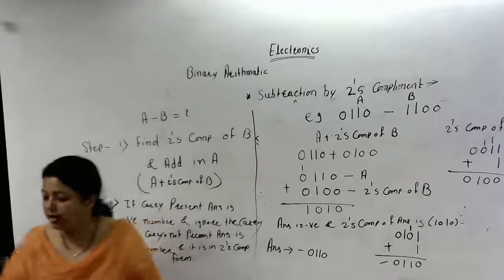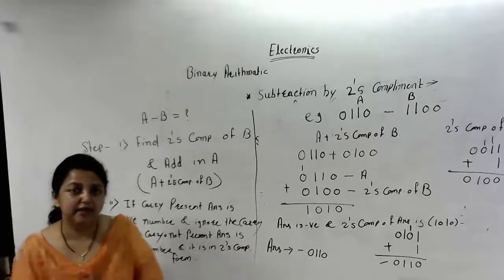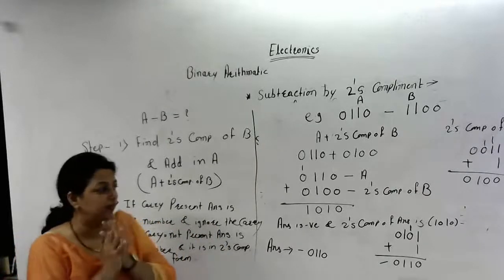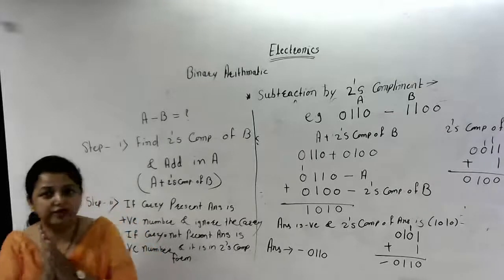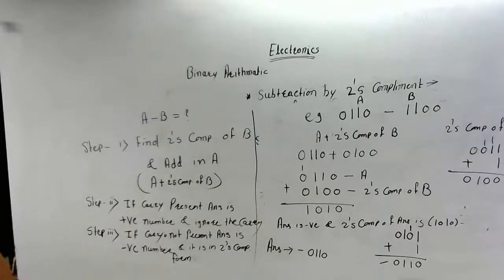Now the last point of this chapter, subtraction by 1's complement, we are going to perform in tomorrow's lecture. Today your physics is also going on, you can continue, I am done here. But write down all these steps properly because the question is like that: Explain the subtraction by 2's complement.